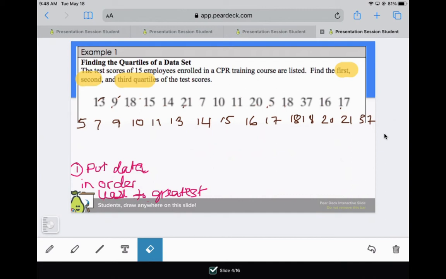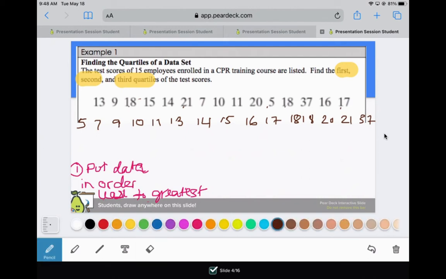The next step that I will do, I'm going to use the list that I just organized. Step number two, we're going to find the median. Who remembers how we are going to find the median? What do you do to find the median?